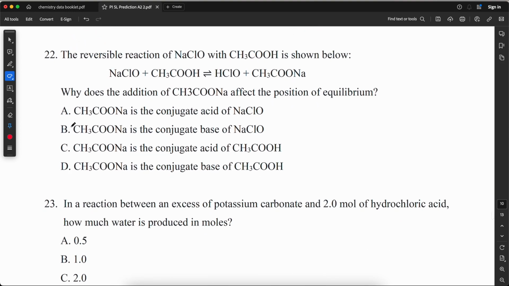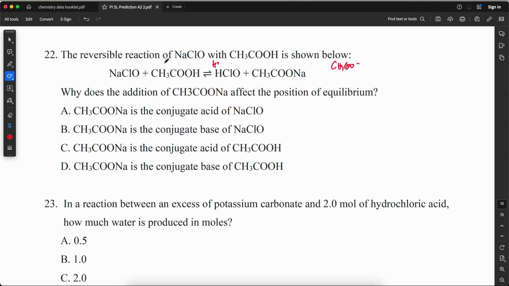The reversible reaction of NaClO with CH3COONa is shown below. Why does the addition of CH3COONa affect the position of equilibrium? When we add CH3COONa, it will provide CH3COO minus ion into solution, and this will react with H plus from HClO, then will form CH3COOH.